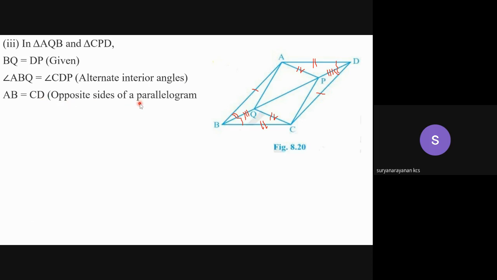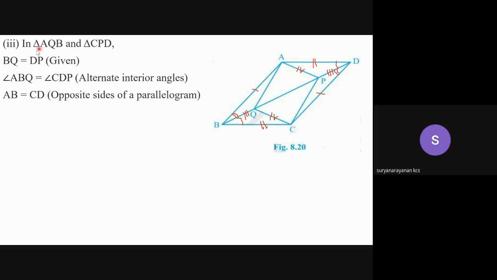Now come to this point. Which parts of the first triangle are compared with the parts of the second triangle? What is the first triangle here? AQB.